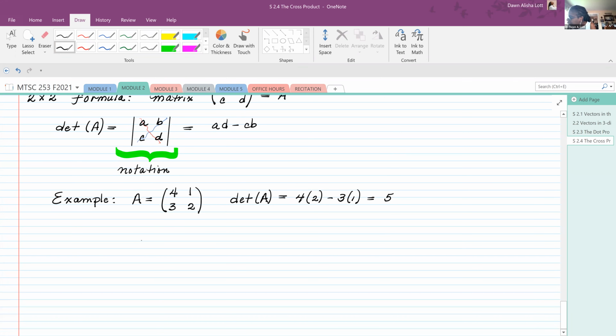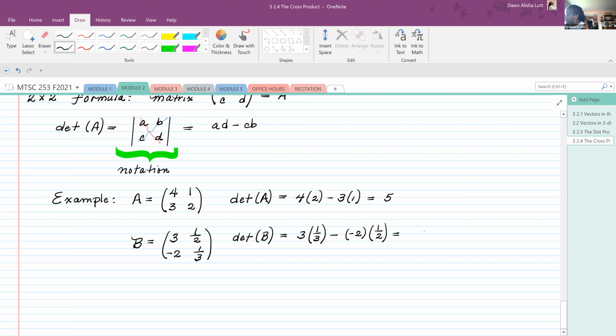If B is equal to the matrix 3, 1/2, negative 2, 1/3, then the determinant of B is going to be 3 times 1/3 minus a negative 2 times 1/2.